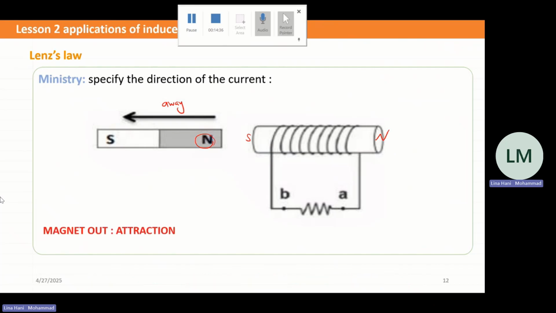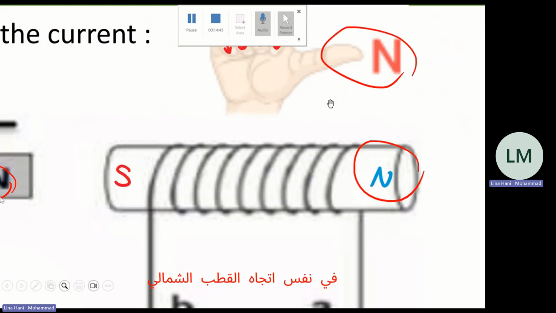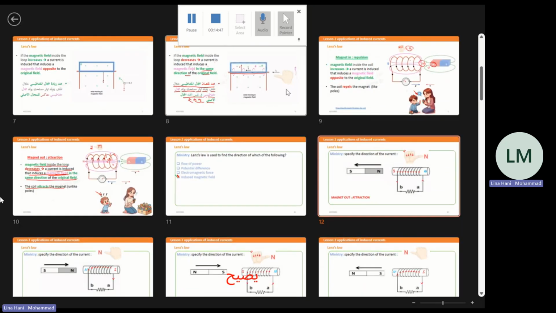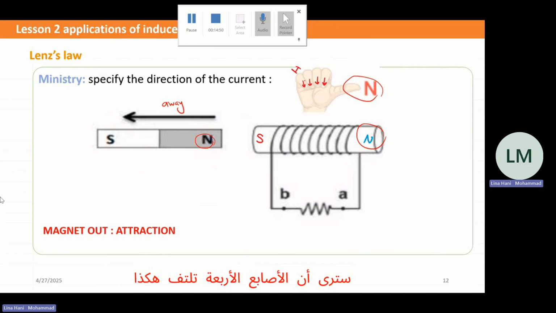Using the right hand rule, you're going to put the thumb in the same direction as the north pole. You'll see that the four fingers curl like this, so the current will be downwards in the part that you see of the solenoid. So it's going to be from B to A. So the current will flow from B to A.